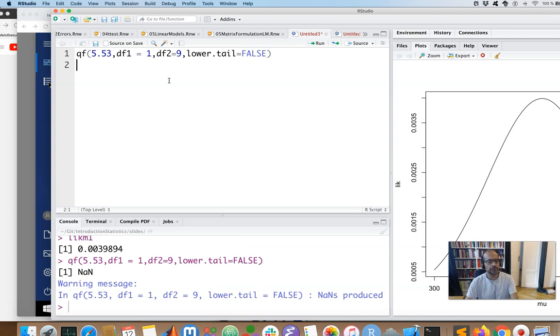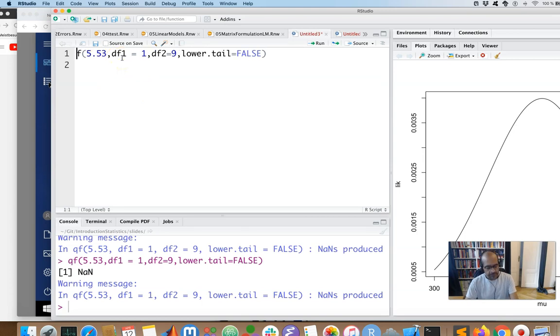I want to know the probability of observing this value. Oops, what have I done wrong? Oh, sorry. I want the probability. I keep getting confused about Q and F. So I want the probability. I'm just mistyping this every time.